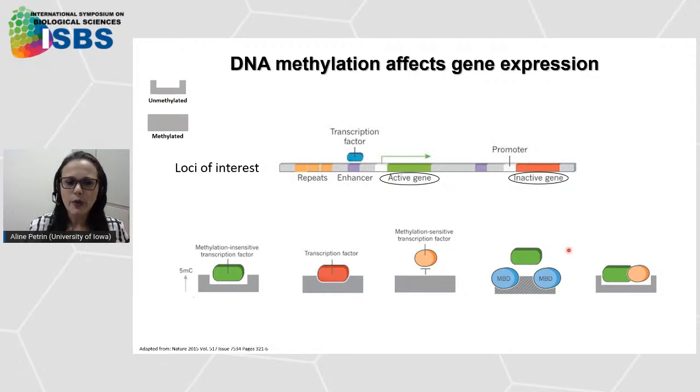There's also recruitment of different proteins that will sit on a methylated site and not let the transcription factor sit there and start transcription. And there are also proteins that will recruit the transcription factors and bring them to a site that is unmethylated and therefore start the transcription, like in these examples.